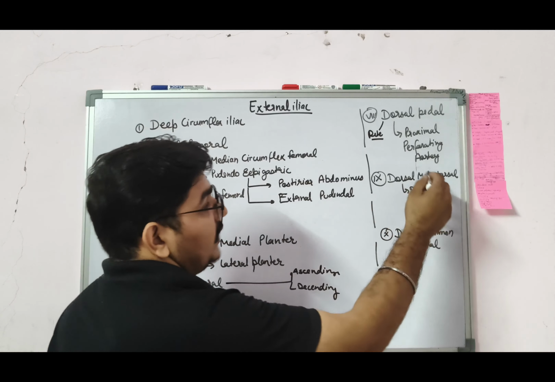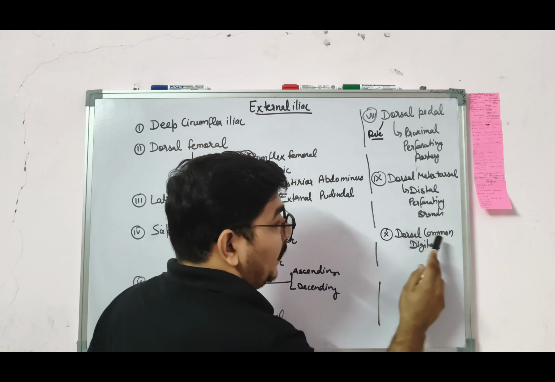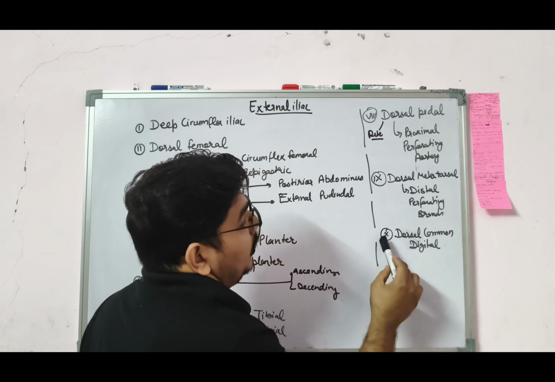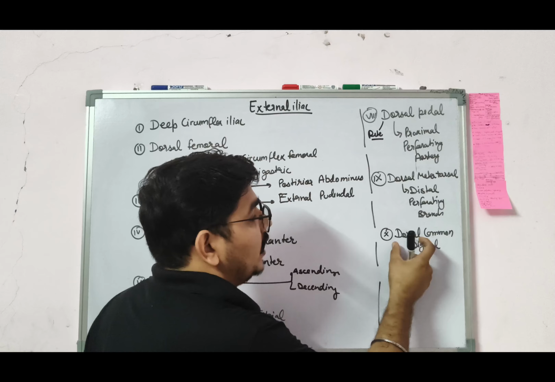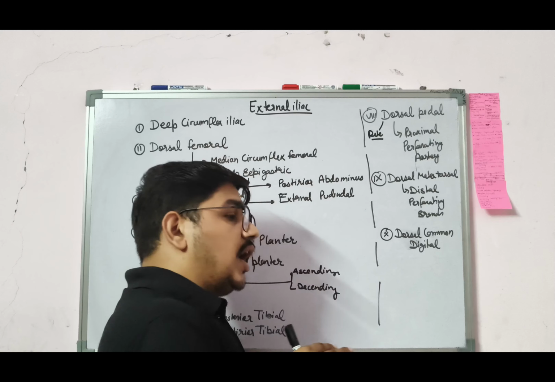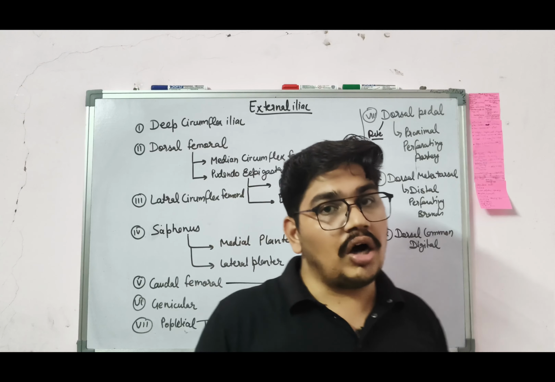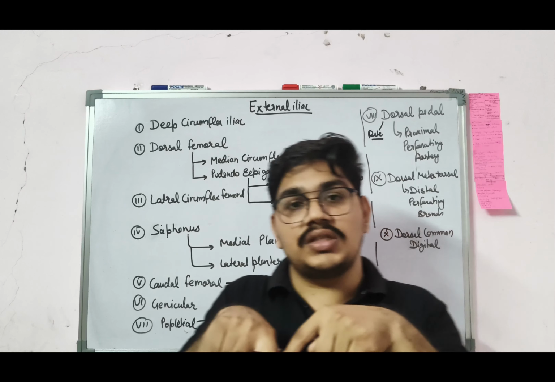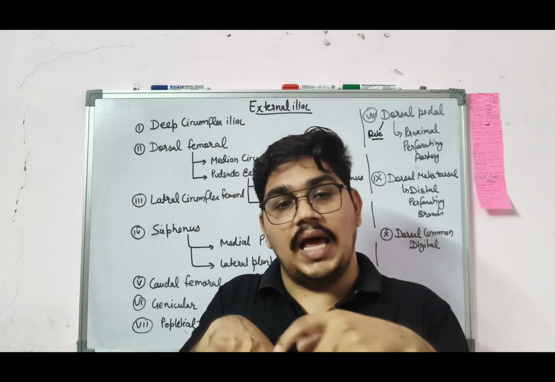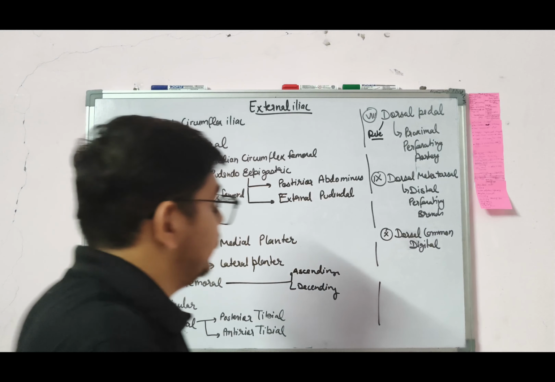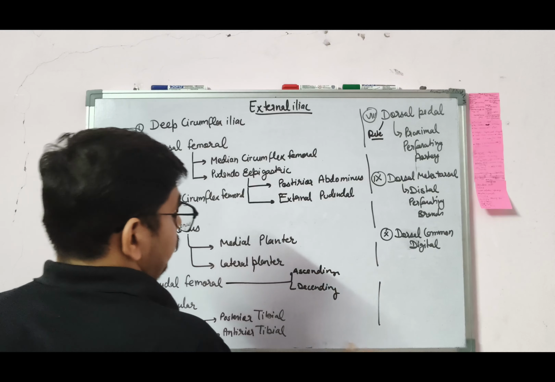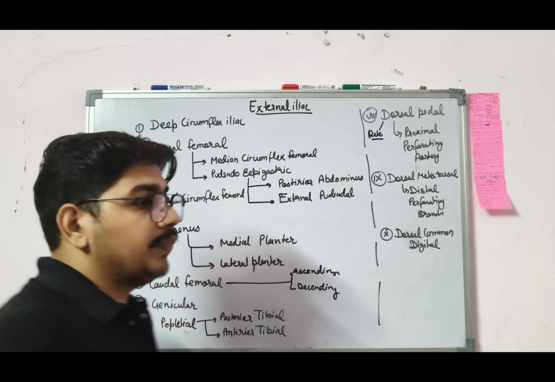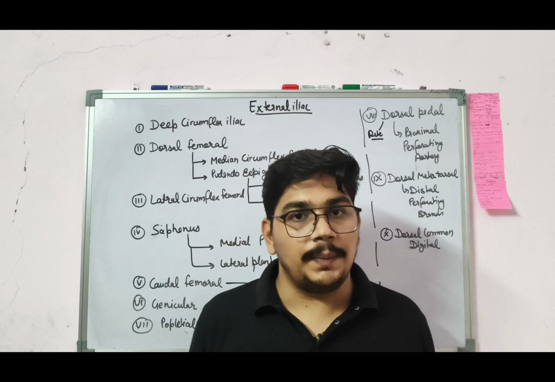Now the dorsal metatarsal continues to supply the digit parts, so it is known as the dorsal common digital, which again bifurcates into two branches, axial and abaxial, as it continues. So this is all about the theoretical part.